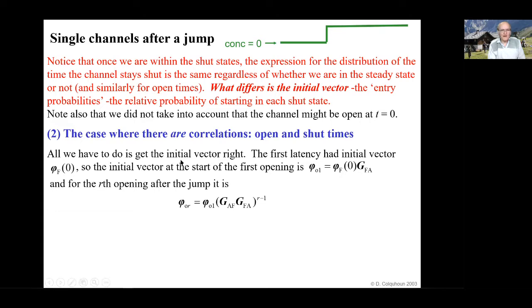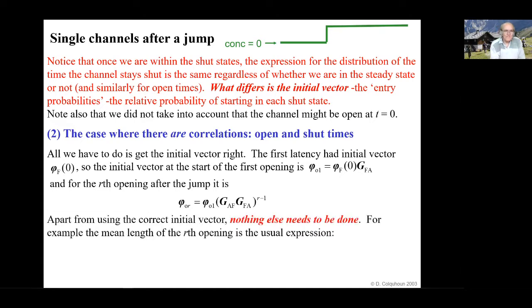For the rth opening after a jump occurs, it's described by the transitions between open to shut and shut to open r minus 1 times. And this gives you the initial vector for the rth opening.